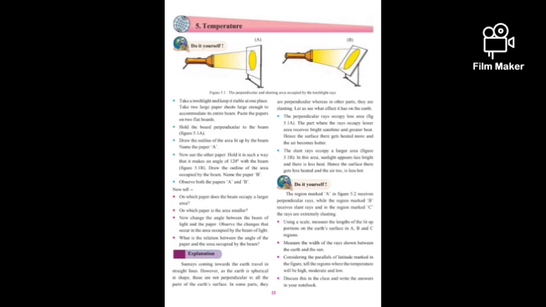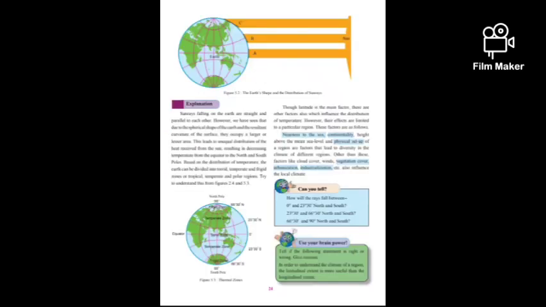Okay, so here the sun rays fall slant, so the area covered is more, but the heat received is less. So less heat received, so it is less hot.